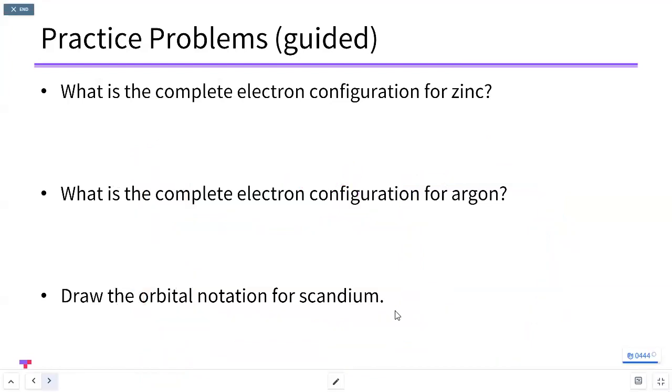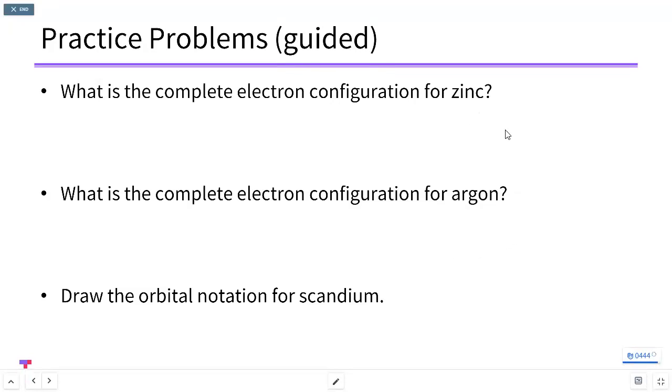So for the complete configuration of zinc, the way that I always start these kinds of problems is I look at what I need to do. So what kind of thing do I need to answer, and where do I need to go? Where am I ending?